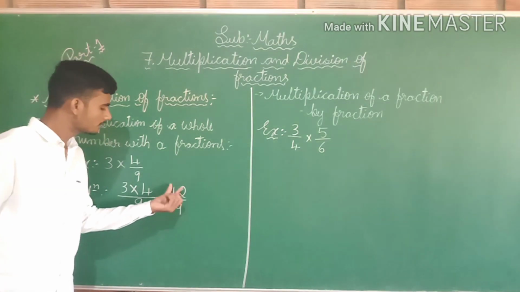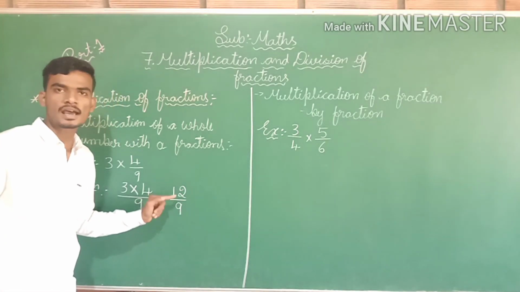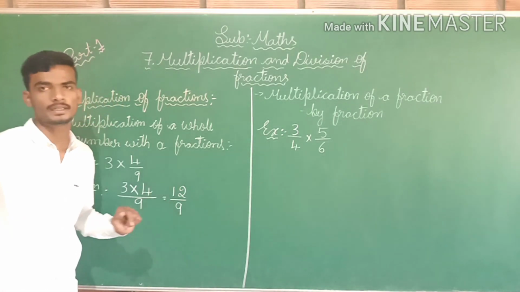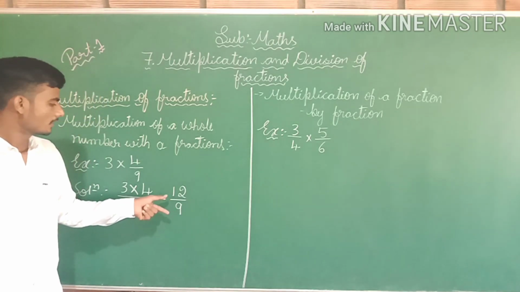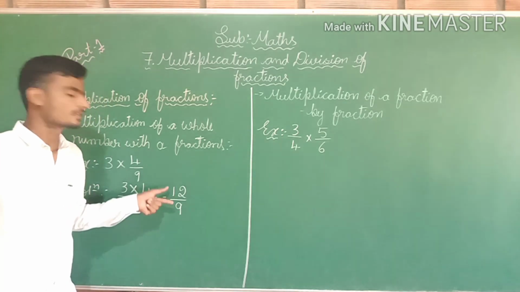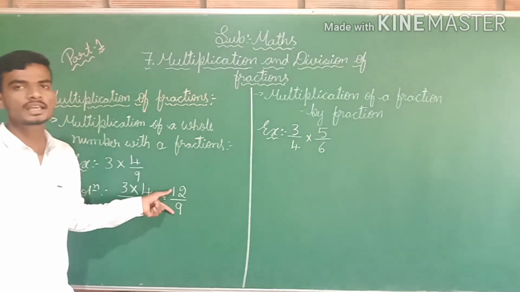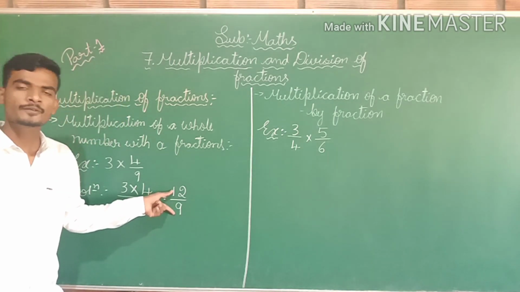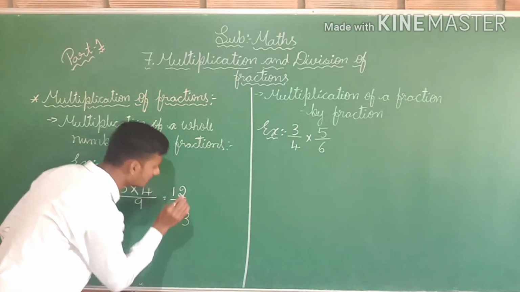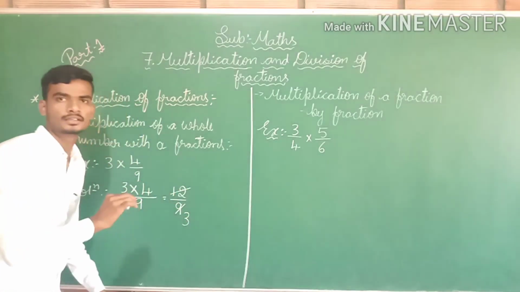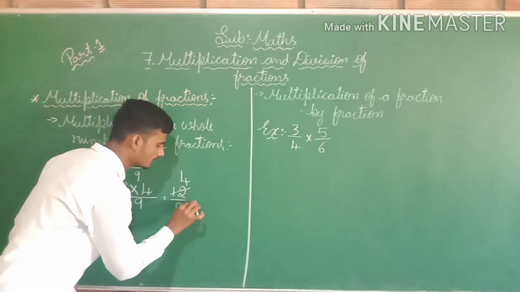You know already that both these numbers appear in the same table. In which table do both these numbers appear? You can guess. Yes, dear students, both these numbers appear in the table of 3. 3 threes are how much? 3 threes are 9. 3 times how much is 12? 3 fours are 12.